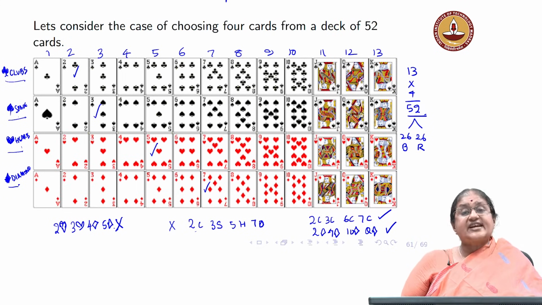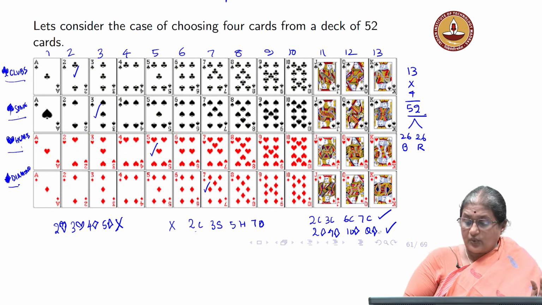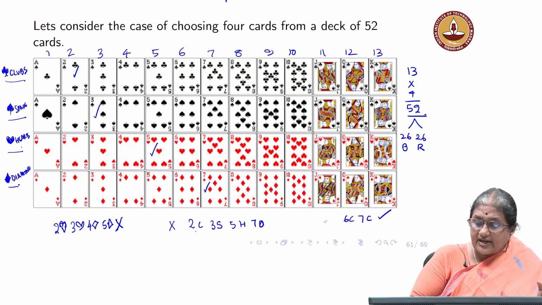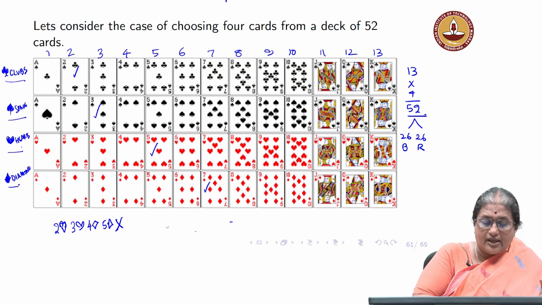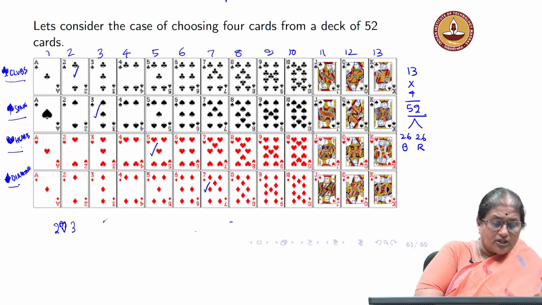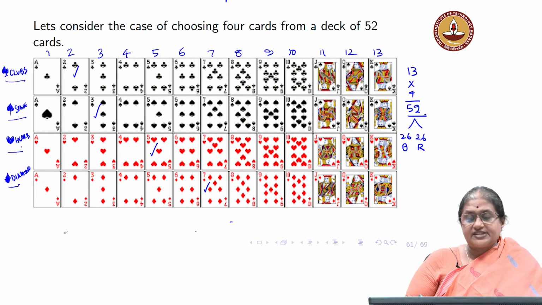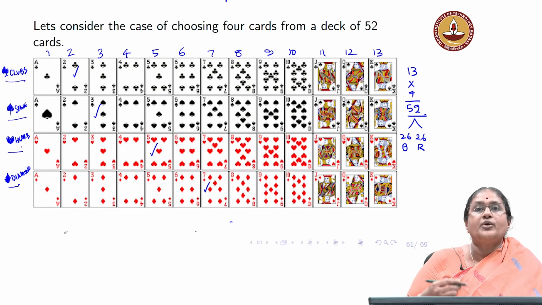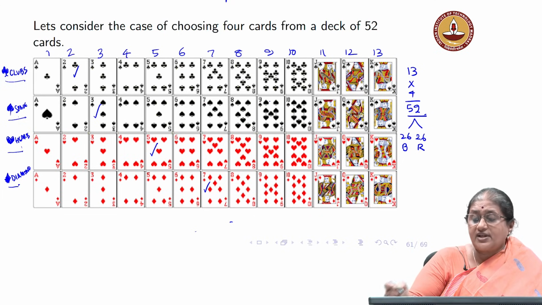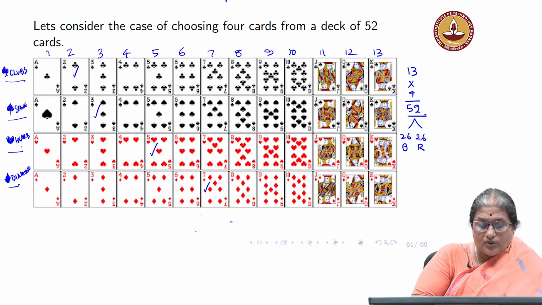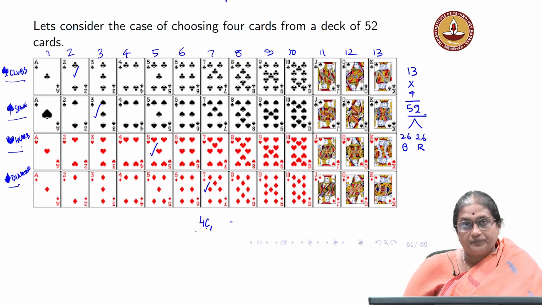So, how many ways can I choose this? Again, the requirement is choose 4 cards, but they should be of the same suit. First let me choose a suit. How many suits are there? There are 4. I need to choose 1 out of the 4, which I can do in 4 choose 1 ways.